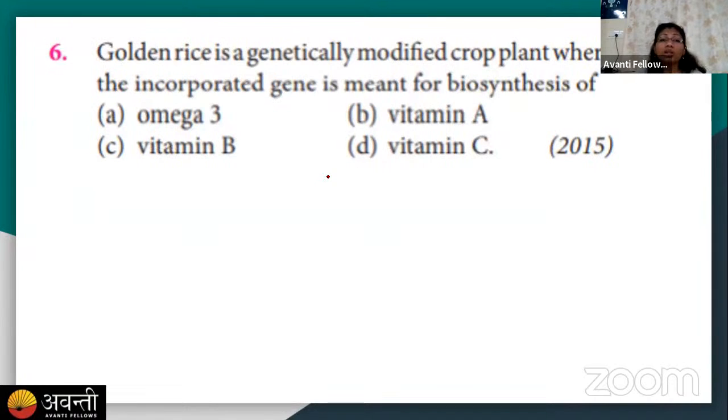It says golden rice is a genetically modified crop plant where the incorporated gene is meant for the biosynthesis of option A, omega-3, option B, vitamin E, option C, vitamin B, and option D, vitamin C. Now you have to give your answer in chat box, and those who are not able to give their answer in chat box can give their answer in this poll.